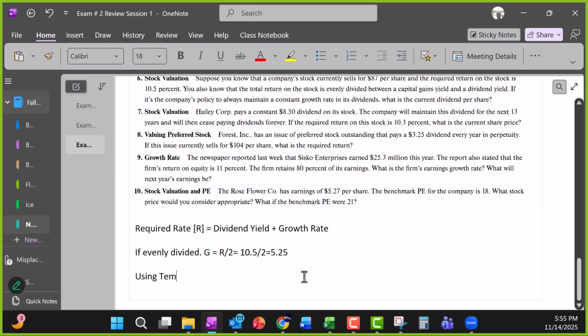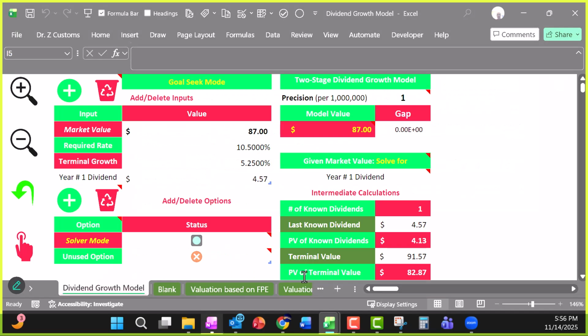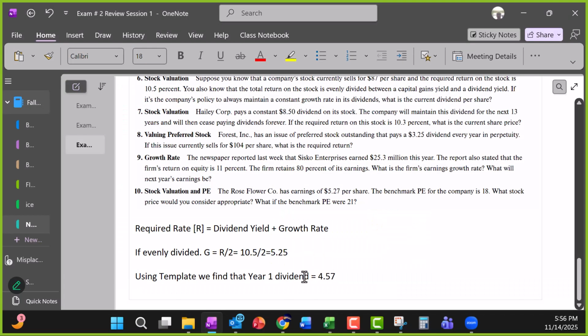Using the template, we find that year one dividend is 4.57, or let's call this D1, I'm sorry.